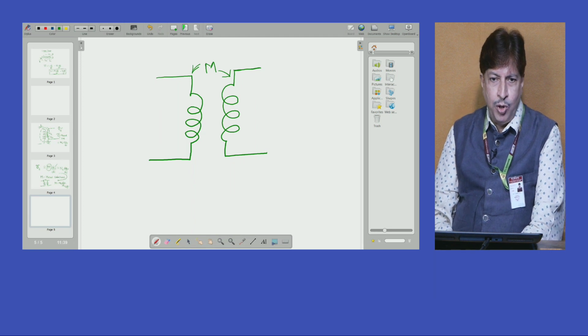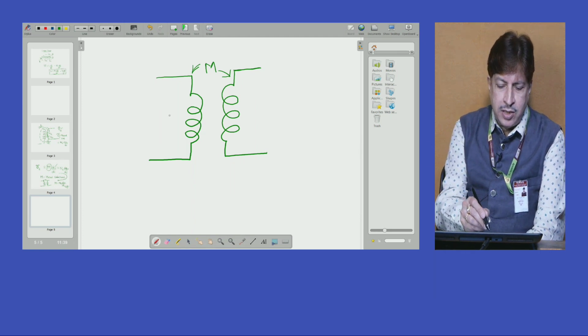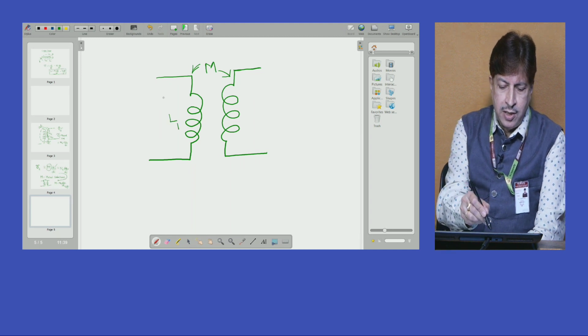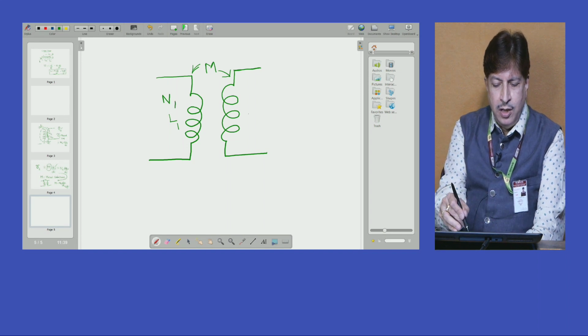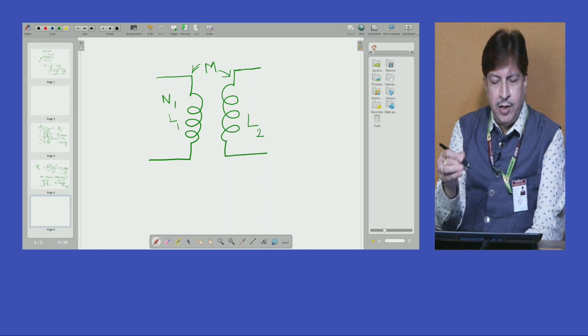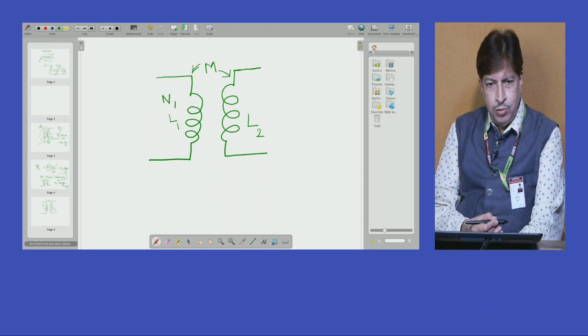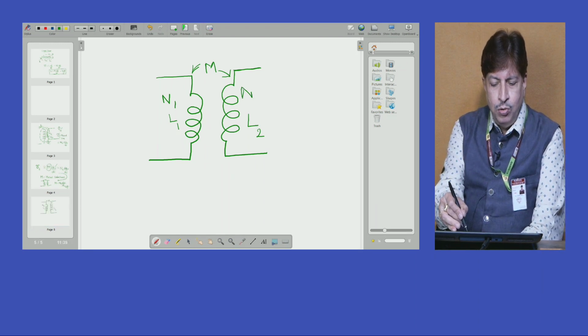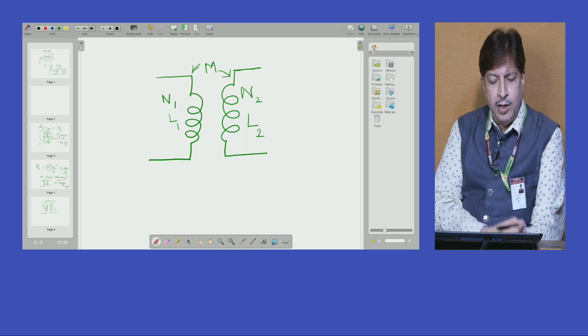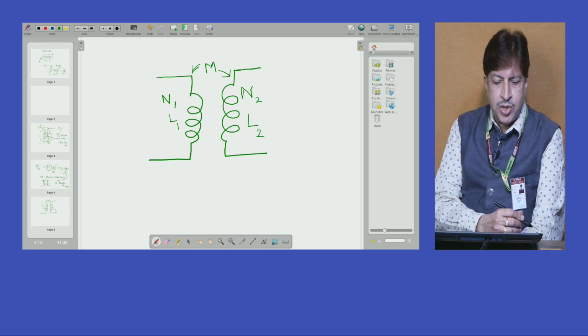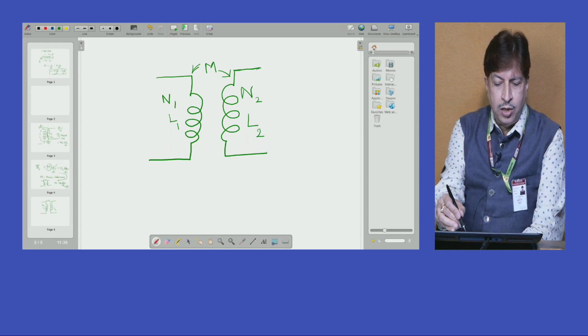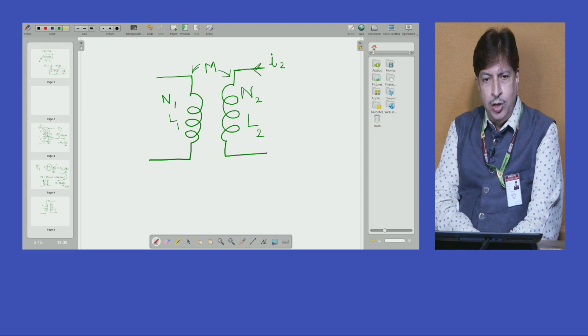Now, this coil has L1 self-inductance, number of turns N1. L2 is the self-inductance of coil number 2, N2 number of turns of coil number 2. I am sending an alternating current I2 through L2.